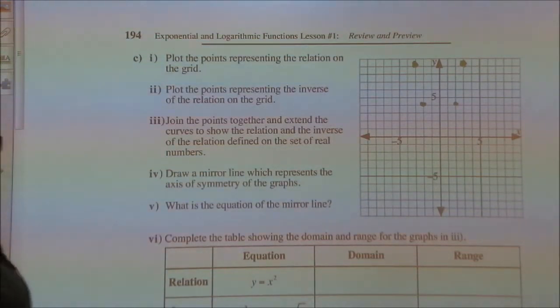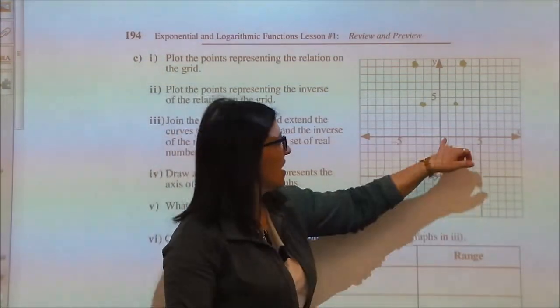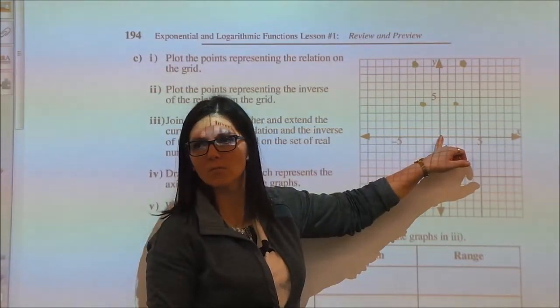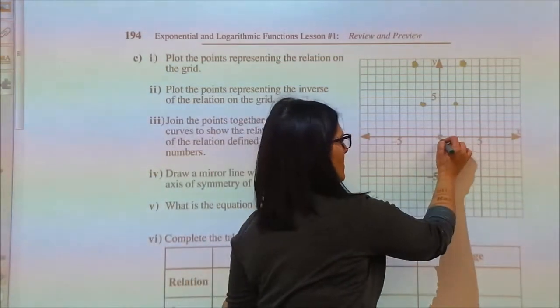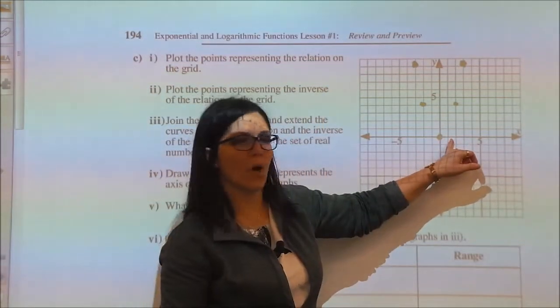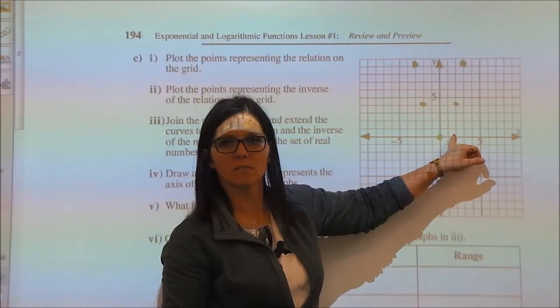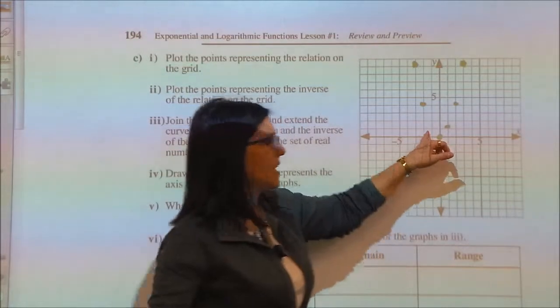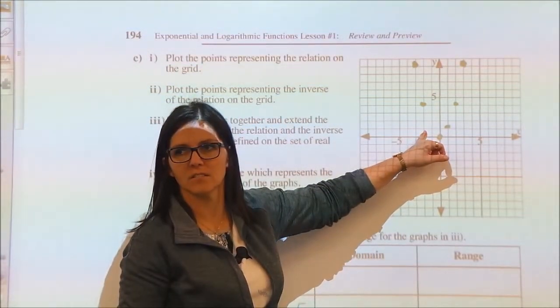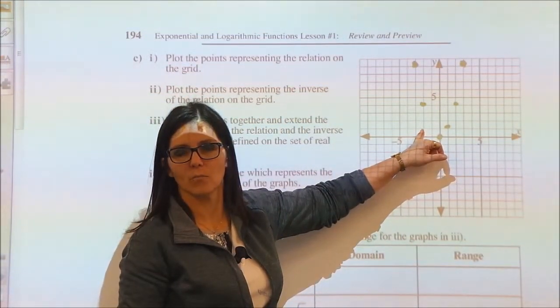So if I wanted to add a couple of other points, such as when x equals 0, what's 0 squared? 0. If x equals 1, 1 squared is, and if x equals negative 1 squared is positive 1.